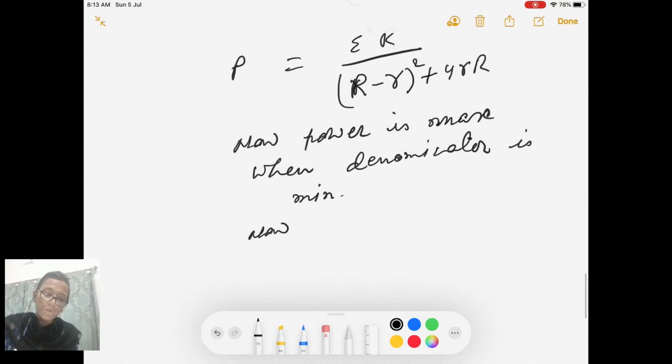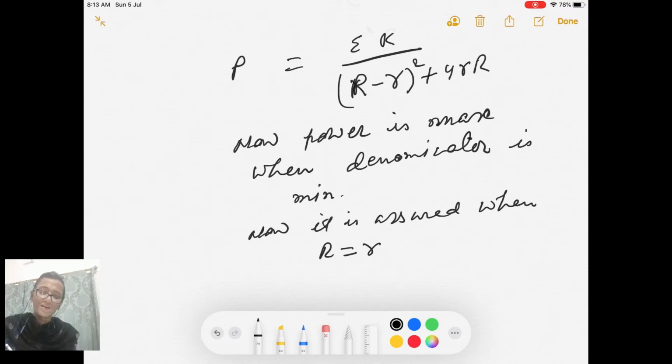Now it is assured when R is equal to small r, or you can say R minus r is equal to 0, because internal resistance and external resistance cannot be changed, these are constants. So only this term can be reduced and it can be made 0, and it implies that external resistance must be equal to internal resistance.